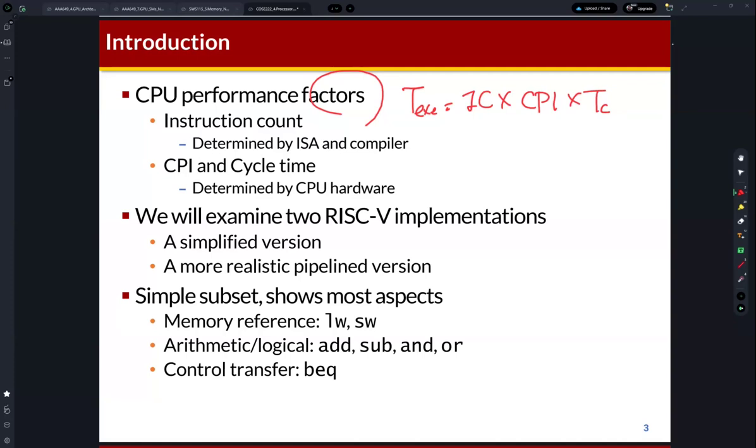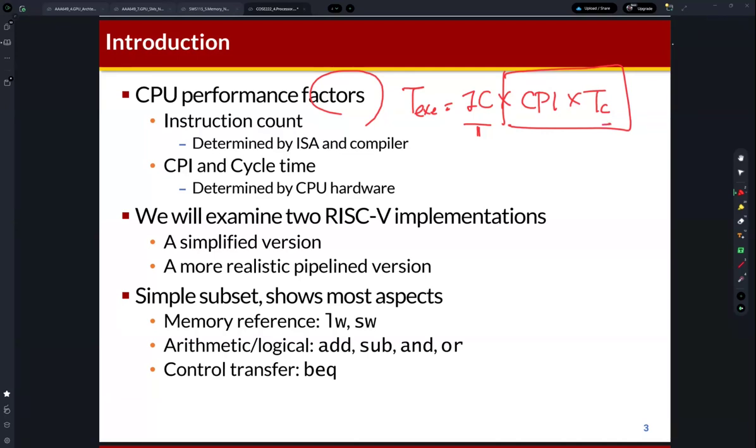I explained that the instruction count is the software part, defined by the software code. Usually the hardware determines CPI and the clock period.